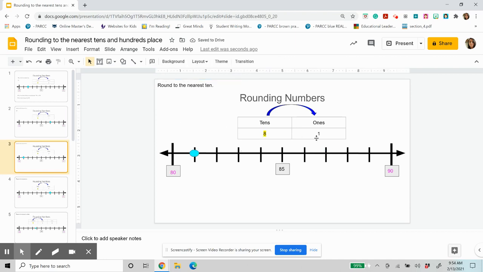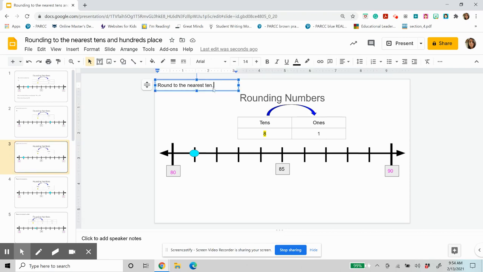Here, 81. We looked at our 10, because this is what we were rounding to. We said on the number line it would be 80, because that's what we're starting with, and 90 was the next 10. We looked at our decision-making number, which was 1. That's less than 5, so 81 was closer and rounded to 80.